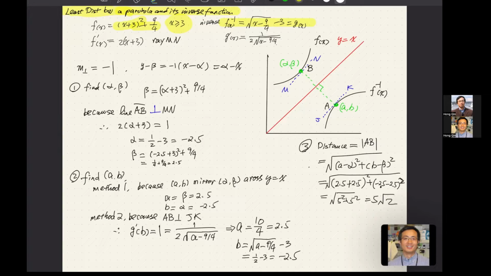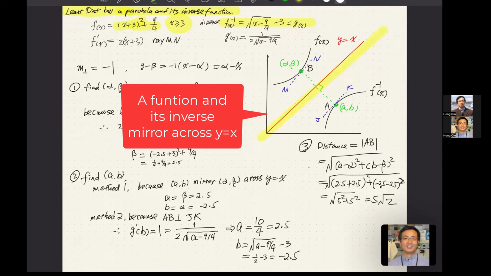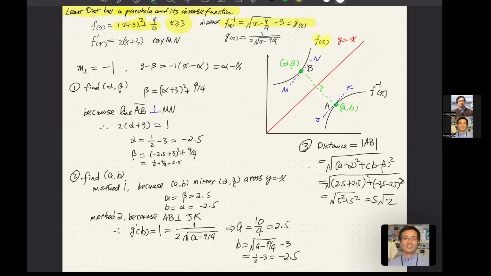It turns out any function and its inverse function are always mirrored over the y equals x diagonal line. What that means, since the function and the inverse function are mirrored across y equals x, is that their shortest distance, which is a straight line, must be perpendicular to y equals x.